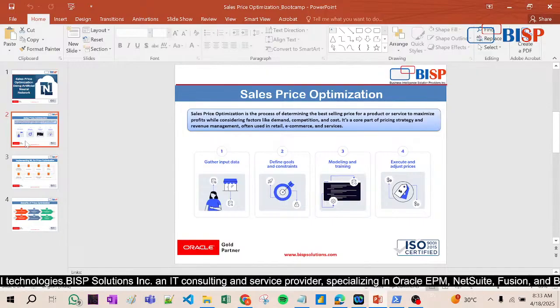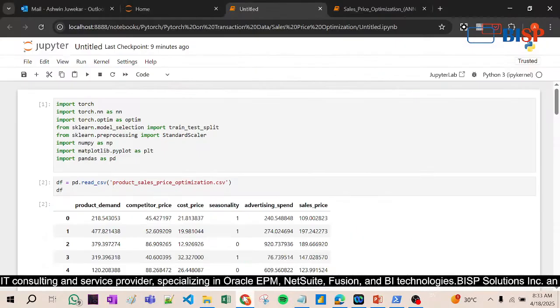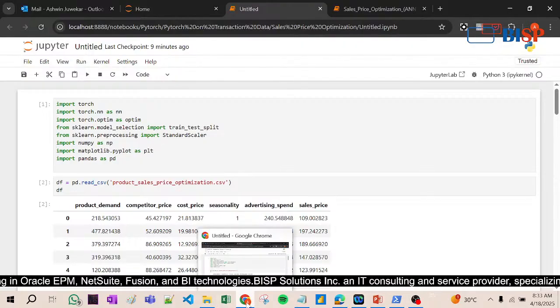So that is why this sales price optimization is very, very necessary for the business. And I have obtained this data from NetSuite. Look at this data. We have created a saved search, a report, in such a way that we have included all the things, and then we have generated this report in NetSuite.